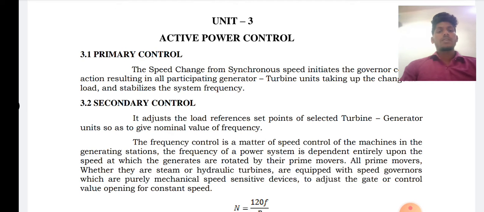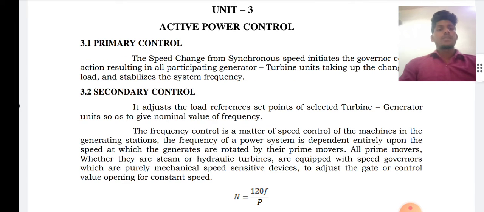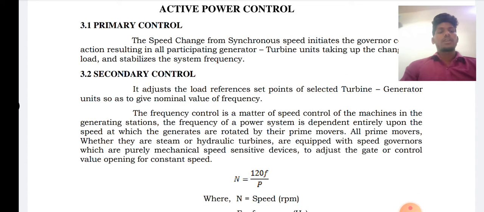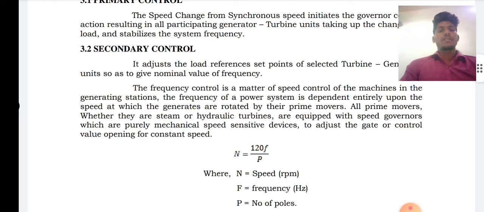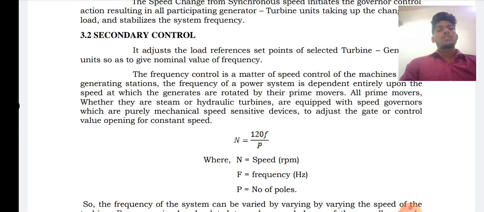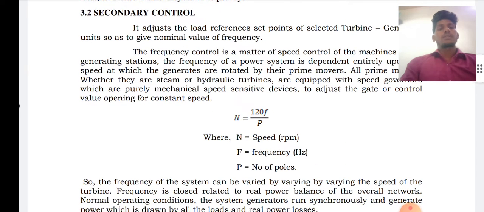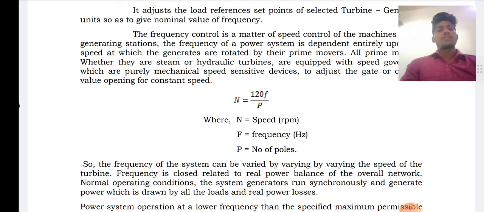All the prime movers, whether steam or hydraulic turbine, are equipped with a speed governor, which is a purely mechanical speed-sensitive device to adjust the gate control. The value of the operating constant speed is N equal to 120 f by P, where N is the speed, f is the frequency, P is the number of poles. So the frequency of a system can be varied by varying the speed of the turbine.